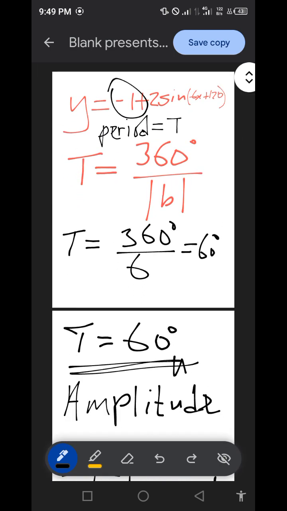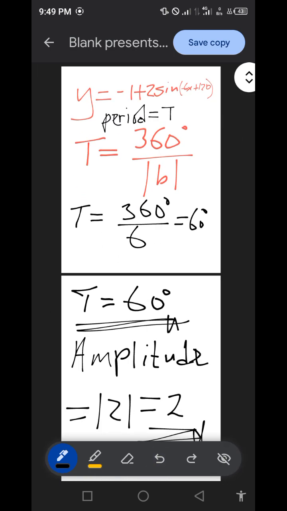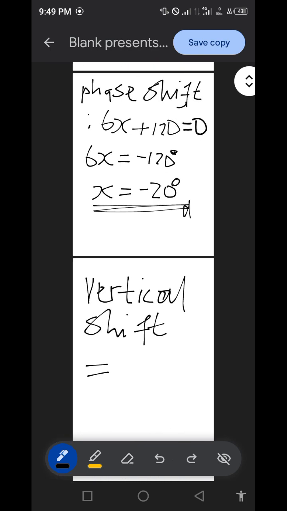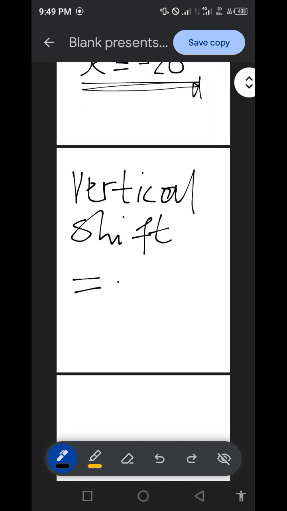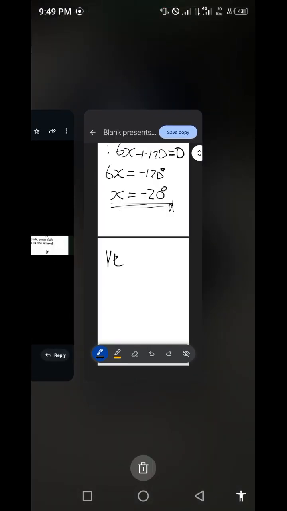So this number outside is what we're calling vertical shift. So we are saying this number is negative 1. So I think what was asked has been found: the period, the amplitude, the phase shift, and the vertical shift.